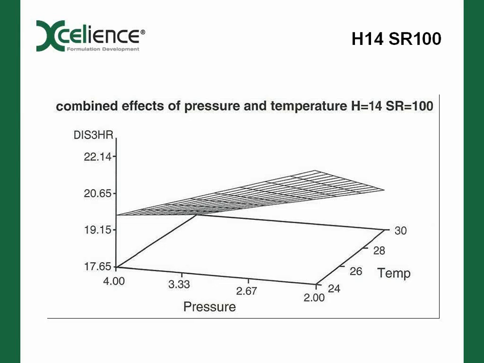It's basically going from 19% up to about 21%. So in some cases, your variables will have a large effect on your result, and in some cases, such as this, your variables are going to have very minimal effect.